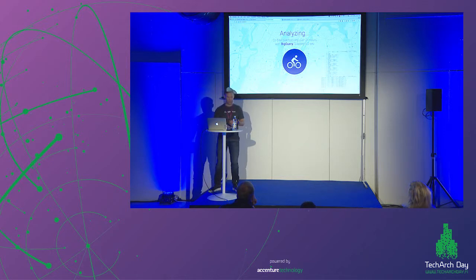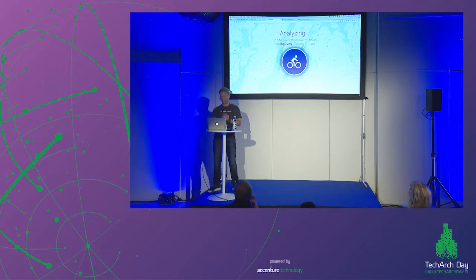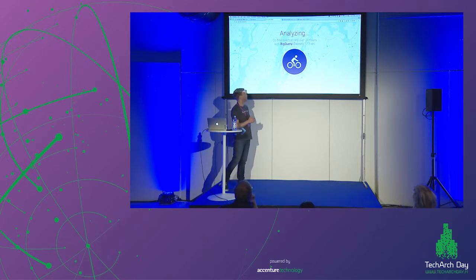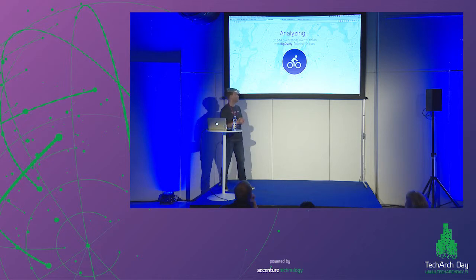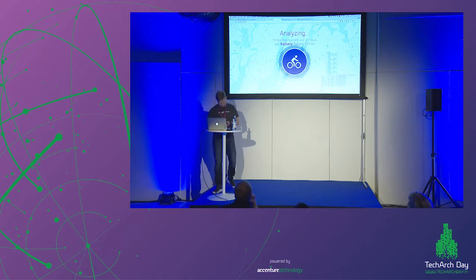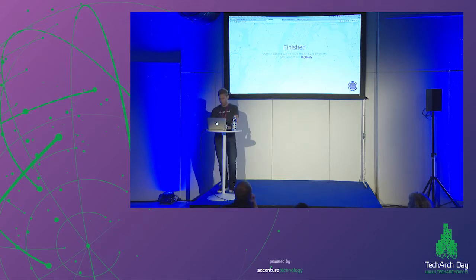So this will generate a heat map that will be shown over the course of 24 hours. So you can see how the demand is changing during that time. And it will probably take 30 seconds to generate this, which is amazing. It will probably take days in Hadoop, or at least hours.